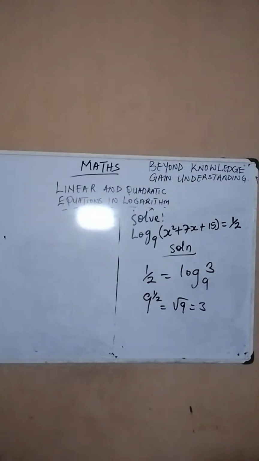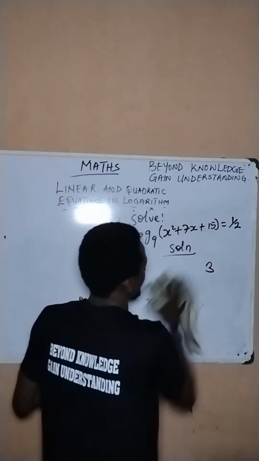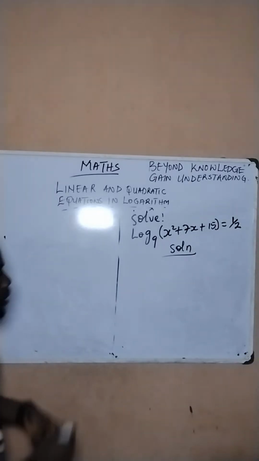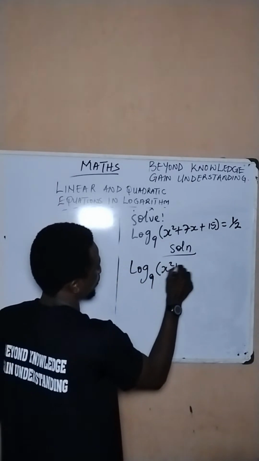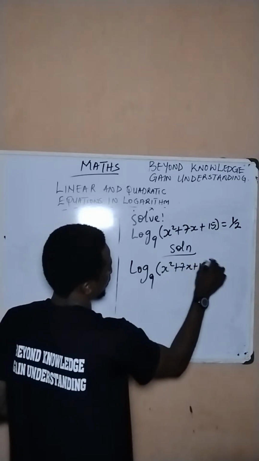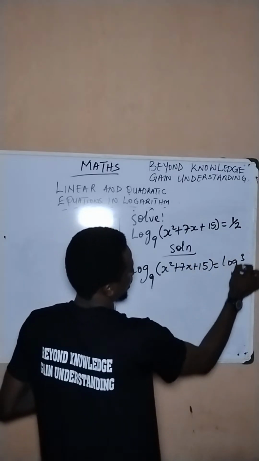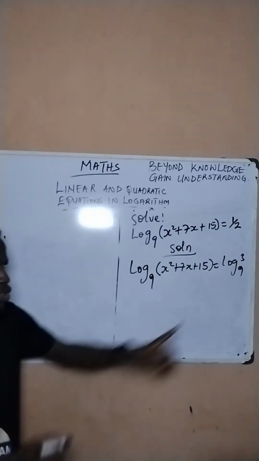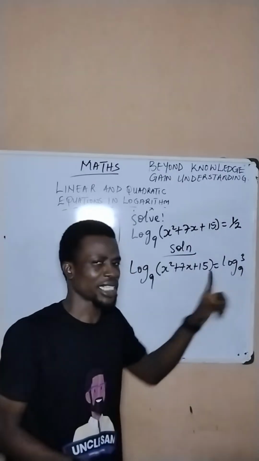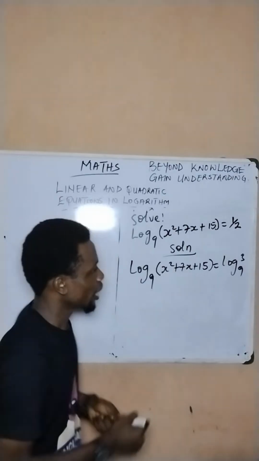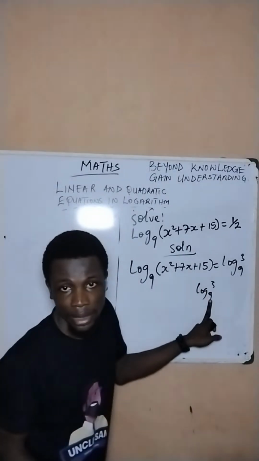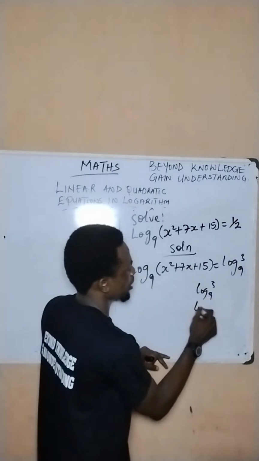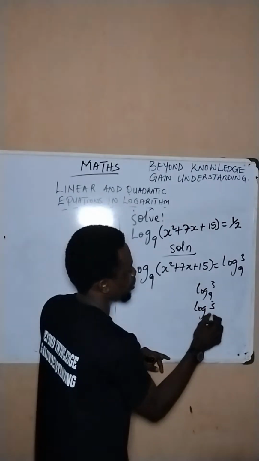So what I'm going to do here is replace the right hand side to become log to the base of 9 of 3. Now, solve log 3 base 9. Does it give you 1 over 2? It actually does, because 9 is the same as 3 squared. So this is log of 3 to the base of 3 squared.